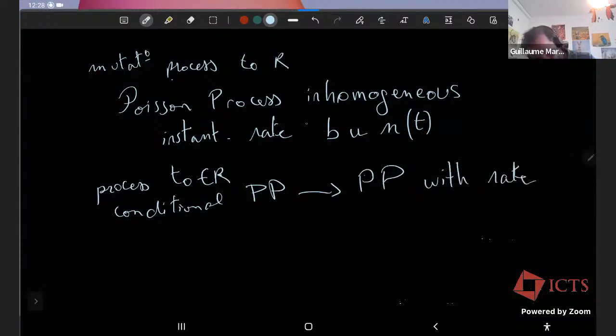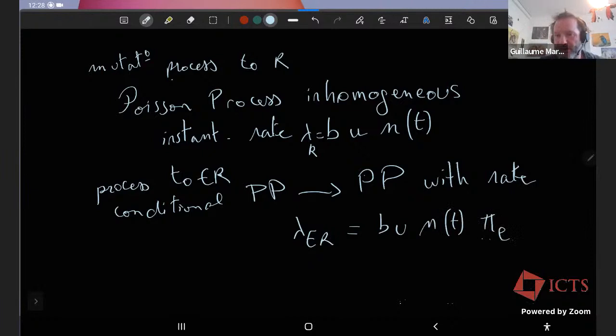So that was lambda R. We now have lambda ER equals this, the rate of the native Poisson process multiplied by the success probability, the conditioning probability. So again, you see all we saw about the Poisson process is really used all the time in these models. And that remains a Poisson process.